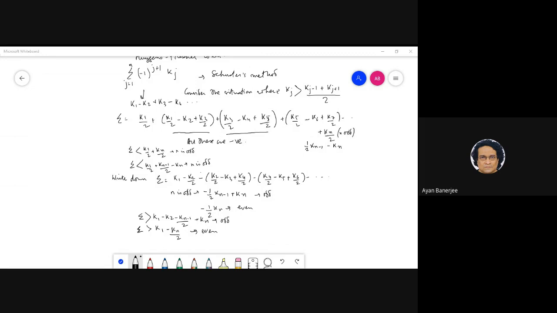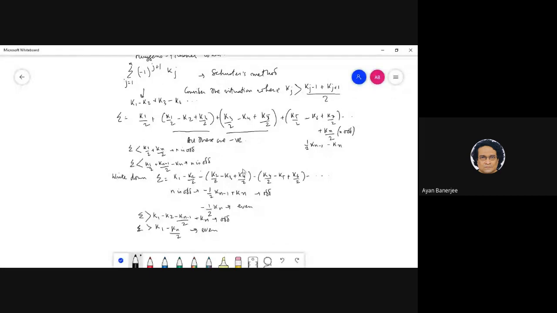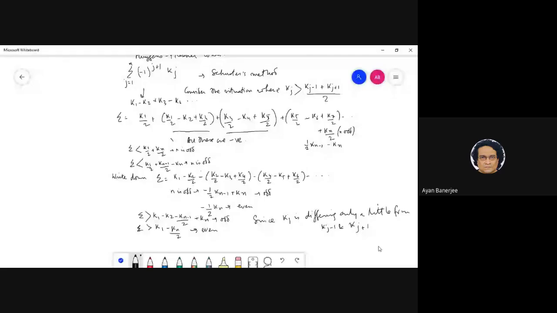So what we are saying is that the right hand sides, these and these, are almost equal. So the argument is that since kj is differing only a little from kj-1 and kj+1, basically what we say is that when this is even.